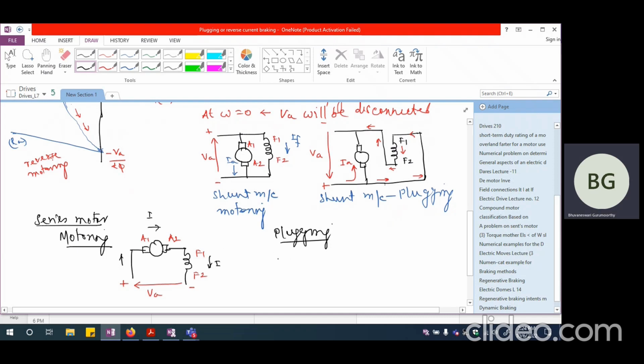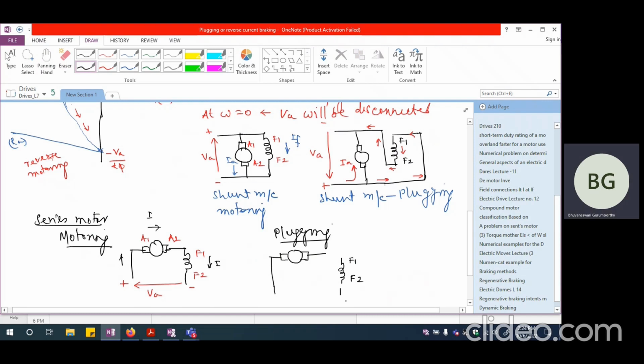So let me draw the motor once again. So this is the motor and this is going to be the field. Now, if I say that here is the terminal from which the power supply is going, this is F1 and this is F2 and this is going to be the power supply.